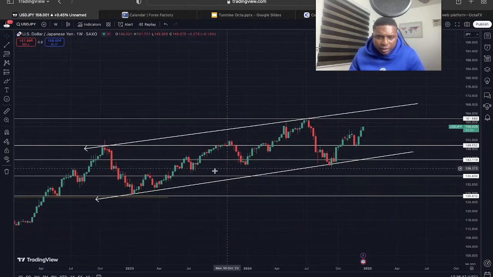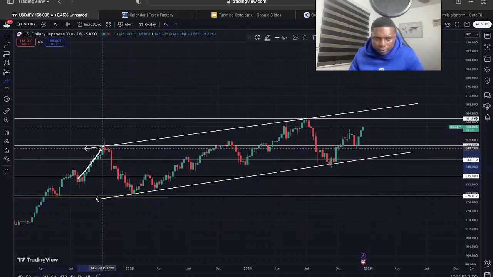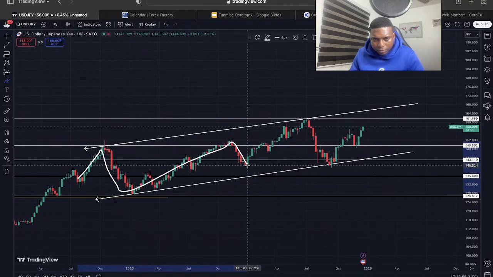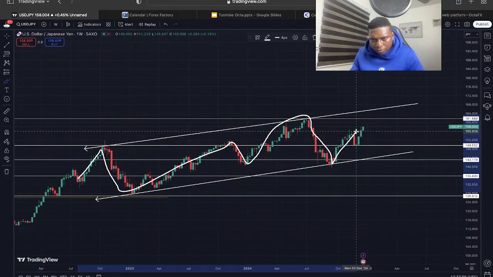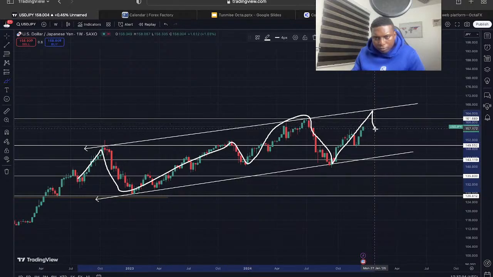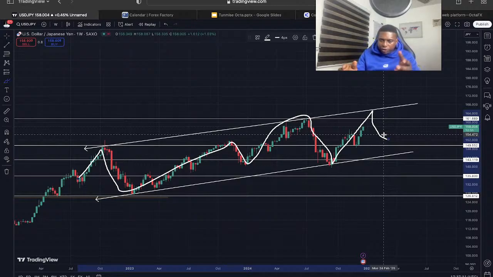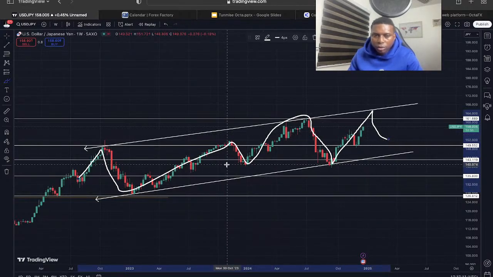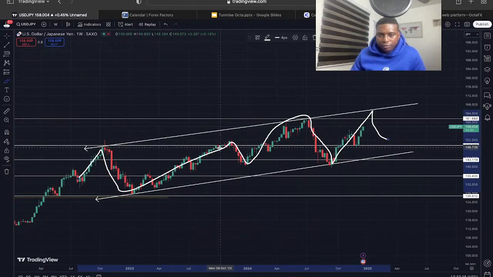So we can see here how price has been moving in a wave-like manner. So this is more like our expectation for USD JPY, right?